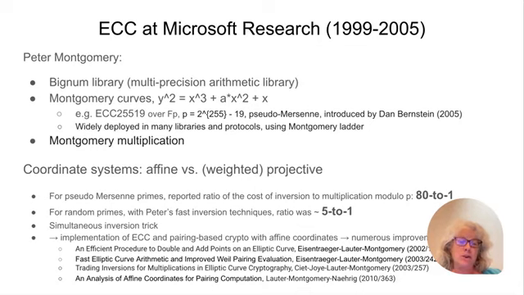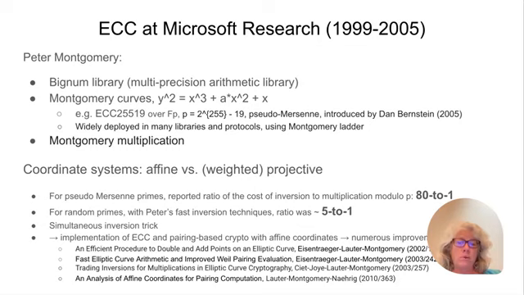I think it was largely because of the Suite B algorithms that came through and made it a requirement to support ECC for crypto for any government contractor. So that was the main thing that really made a difference and allowed us to ship ECC in Windows.